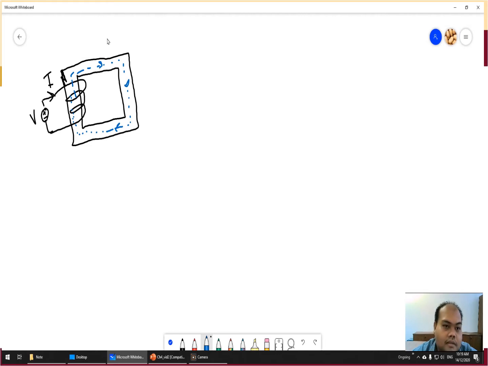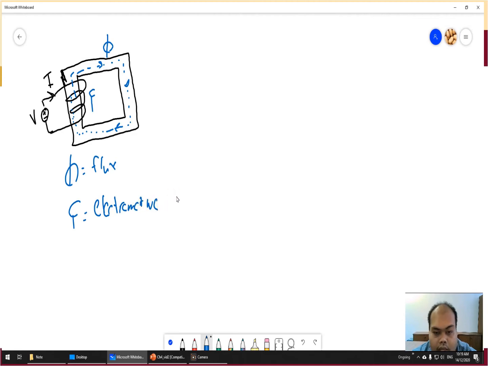So flux is represented like this, and this one you have winding. Every time you have winding, it will be this, F. Flux is phi, and F is electromotive force. Oh, sorry, it's not electromotive force. It is magnetomotive force.